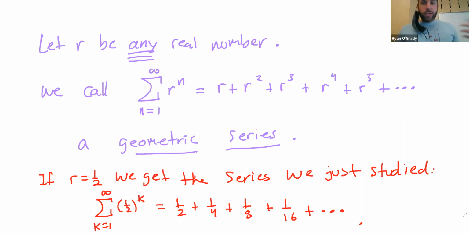In general, this geometric series is a pretty fascinating creature because we can verify and prove the following. Theorem. There are 2 pieces to it.